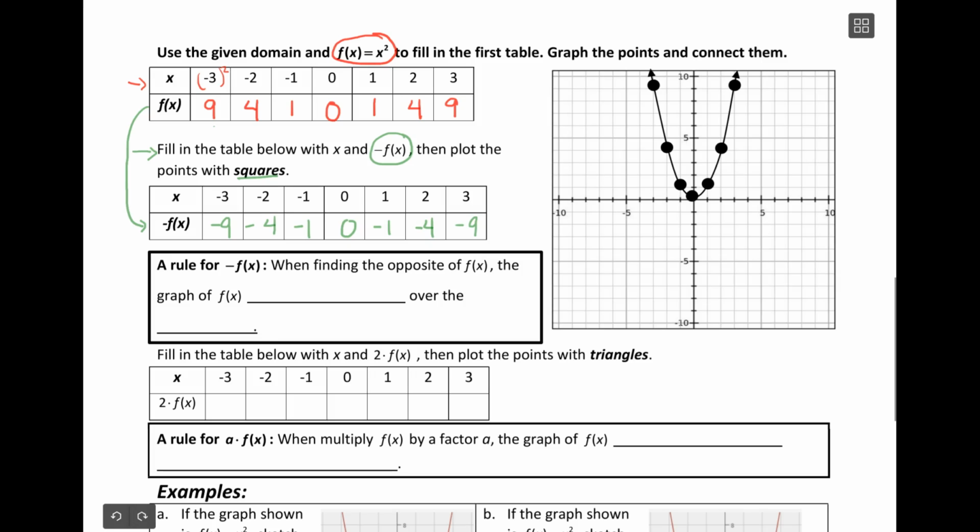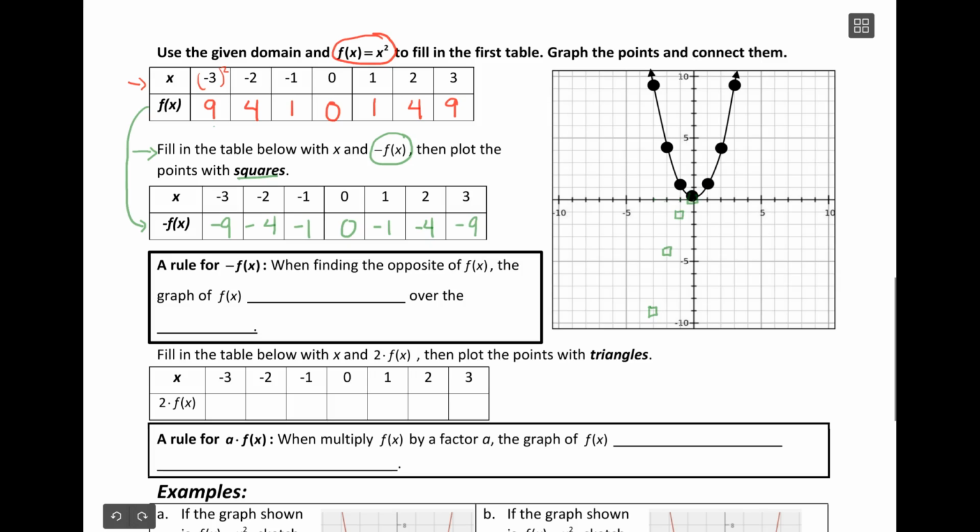So if I go out here, 1, 2, 3 to -3, and I'm going to put a square right there at -9. -2, 1, 2 goes down to -4 right there. And at -1, I go to -1.